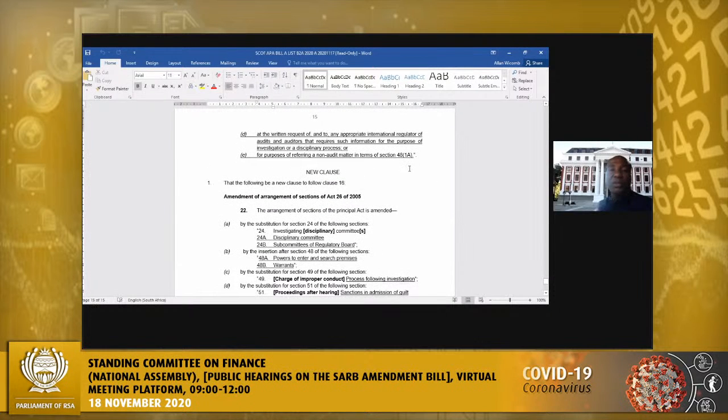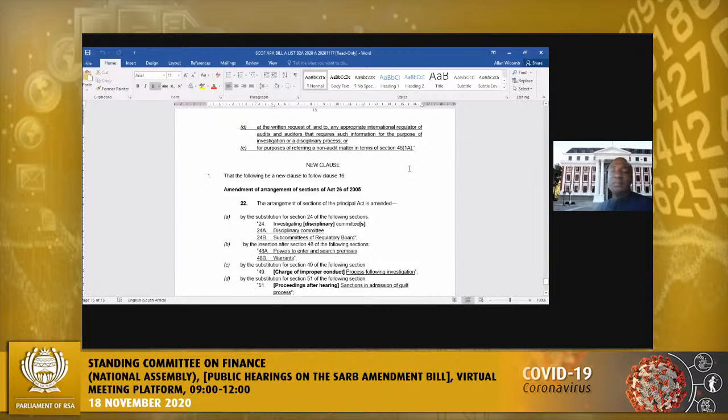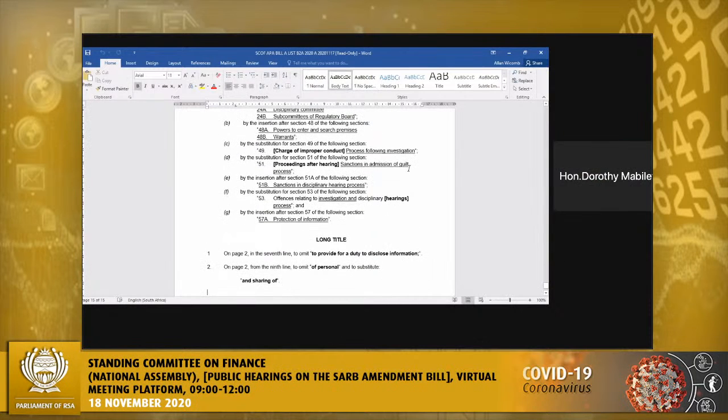New clauses, that the following be a new clause to follow clause 16. Amendment of arrangement of sections of Act 26 of 2005. Those are sub-paragraphs. Agreed.